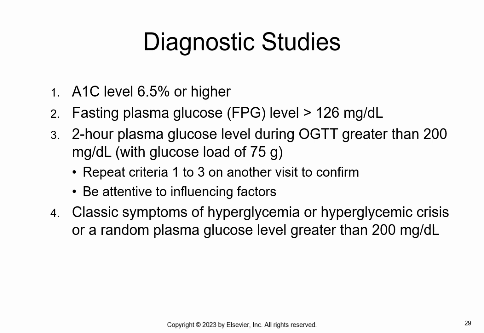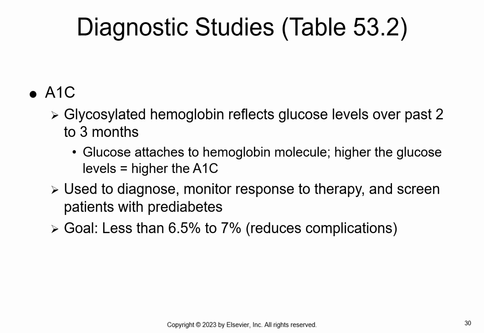A1C measures the amount of glycosylated hemoglobin as a percentage of total hemoglobin. For example, an A1C of 6.5% means that 6.5% of the total hemoglobin has glucose attached to it.